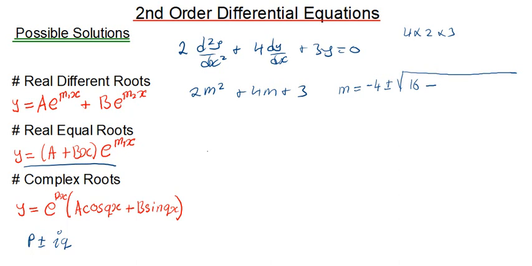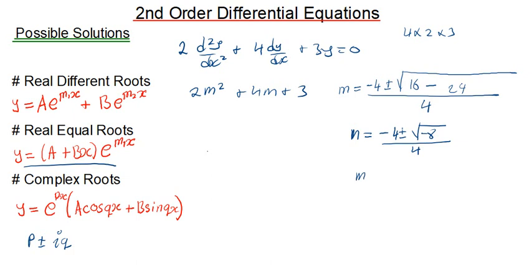We are saying 4 times 2 times 3, we get 24, divided by 2a, 2 times 2, that will give us 4. So our m is equal to minus 4 positive or negative, 16 minus 24, that will give us minus 8, divided by 4, like that.